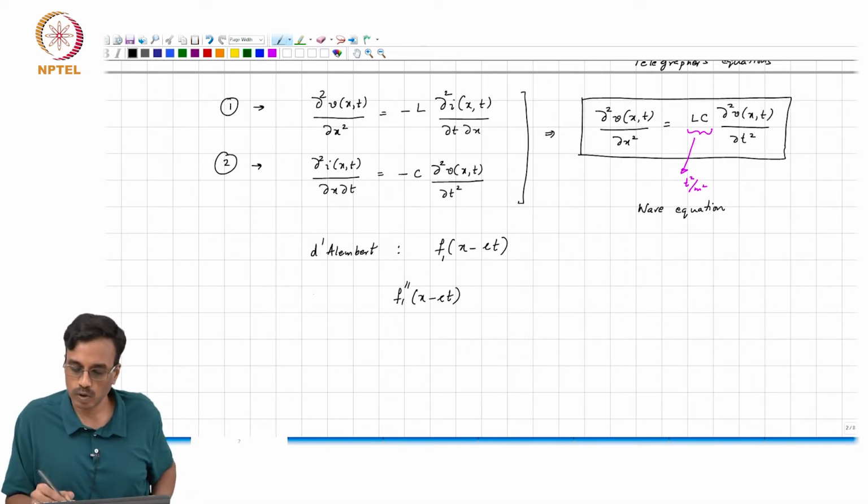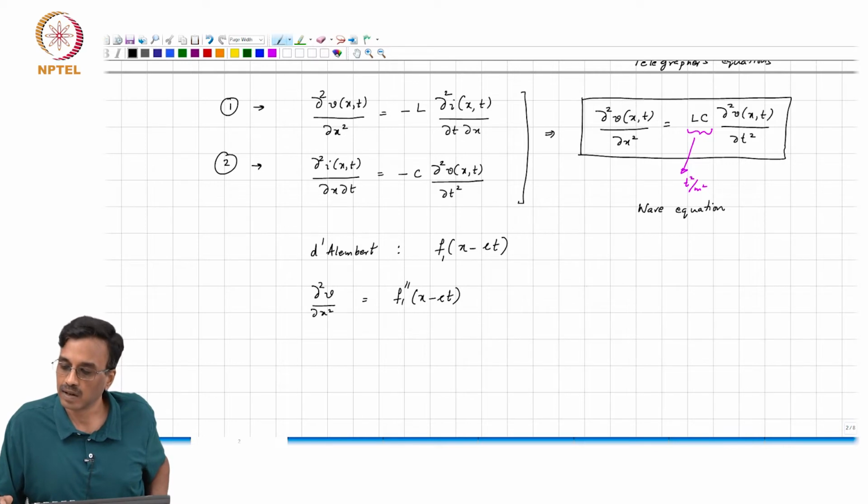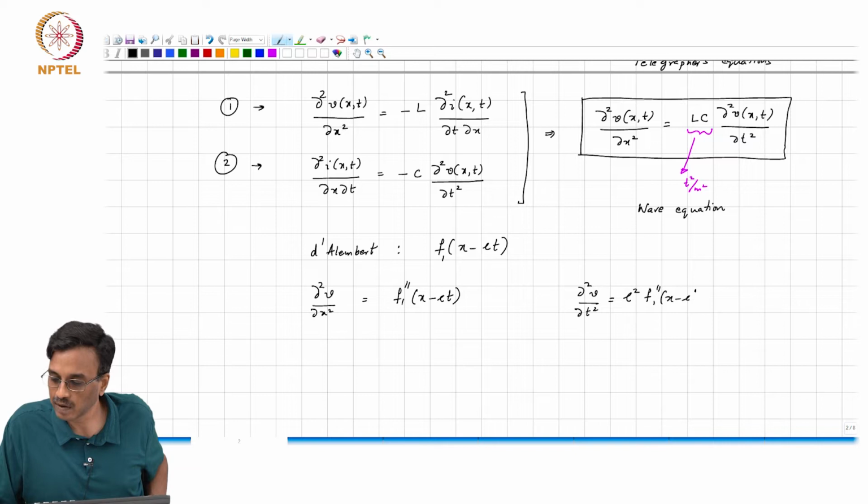So ∂²V/∂x² is this, and ∂²V/∂t² is going to be c square times f1 double prime of x minus ct.